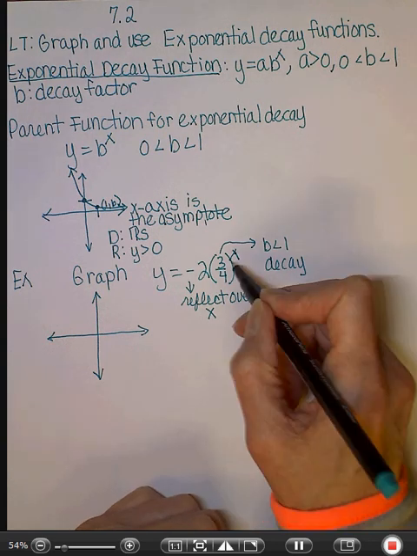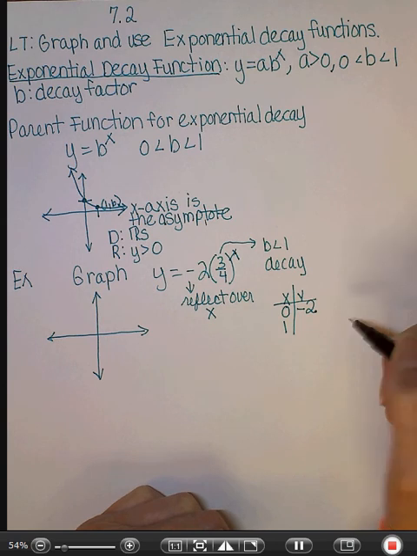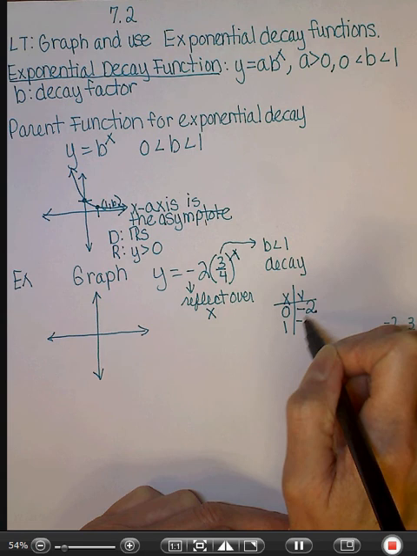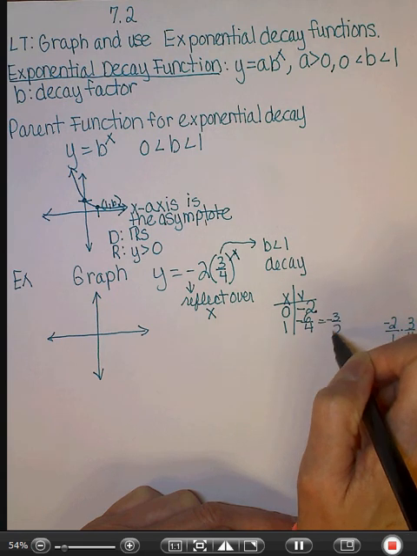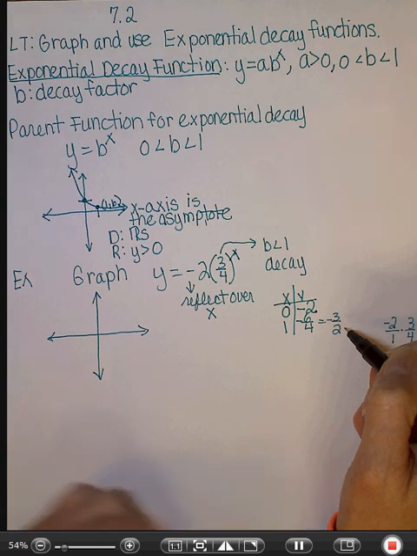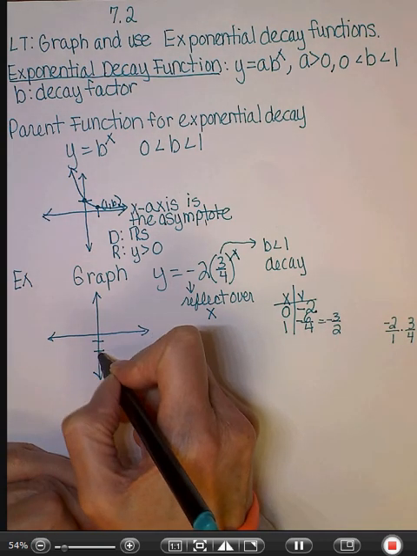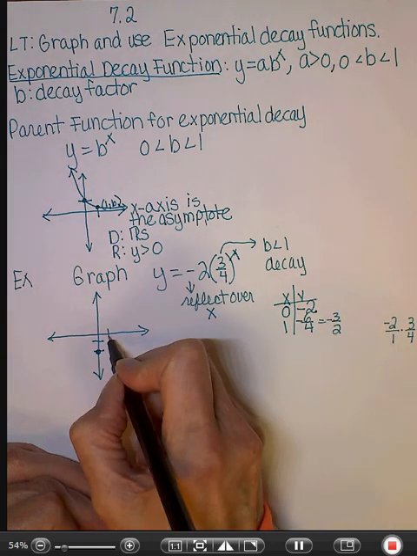If I plug in 1, anything to the first power just stays itself. So I'd get -2 over 1, times 3/4. That'd give me negative 6/4, and I'm going to reduce that to negative 3/2, which is negative 1.5. Alright, so (0, -2) and (1, -1.5).